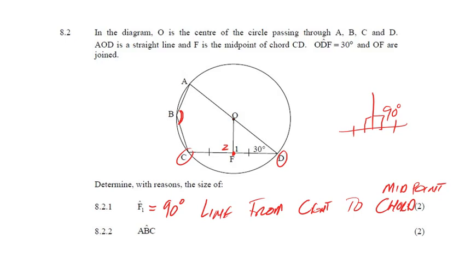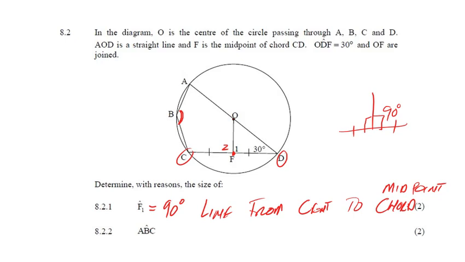But it forms part of the quad. This one is inside a circle with 4 points. So that's why I'm saying cyclic quad. That's your reason. So it's easy to remember.